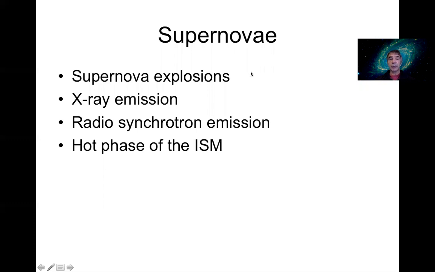We've met them before, of course, when we talked about stellar evolution and the idea that a massive star will die by exploding as a supernova. We'll see another way of getting a supernova as well. And then we're going to focus, rather than on the compact remnant left behind, more on what is actually ejected into space and its effect on the interstellar medium.